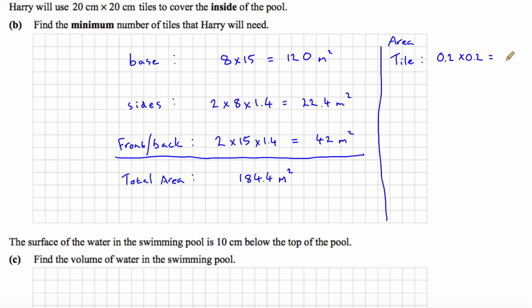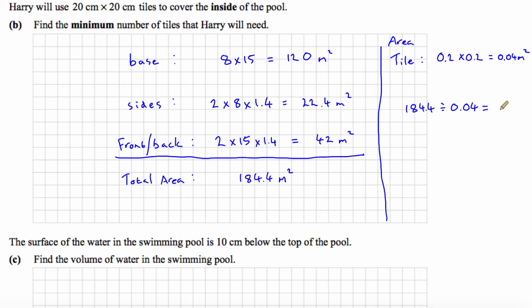And when we put that in the calculator, that gives us 0.04 of a meter squared. So each tile is 0.04 of a meter squared, and we need to see how many of them will fit into this total area. So we're going to divide 184.4, the total area, divided by the area of the tile.